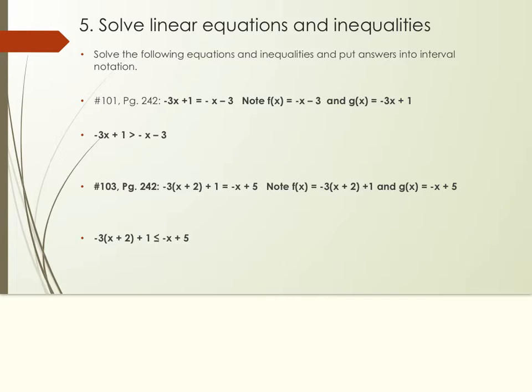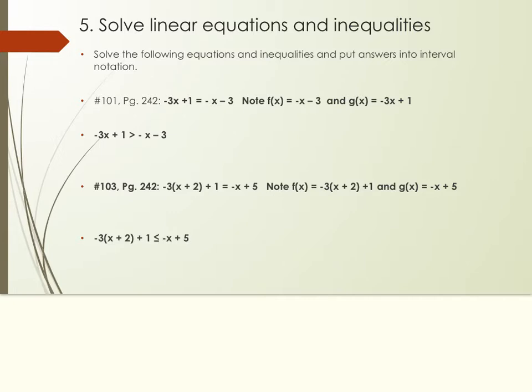So typically when we are solving equations or inequalities, we're looking at two lines that are intersecting, and where they're intersecting, they're either greater than a certain point or less than a certain point. So I would like you to look at the first problem, number 101 on page 242 of your book.